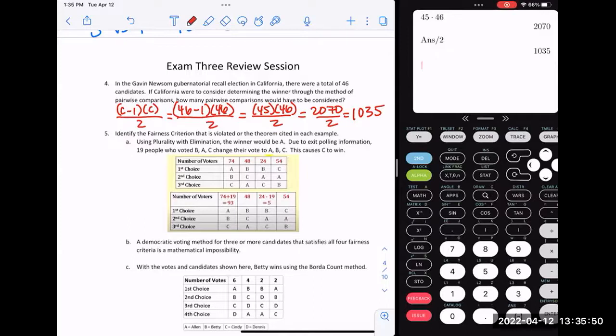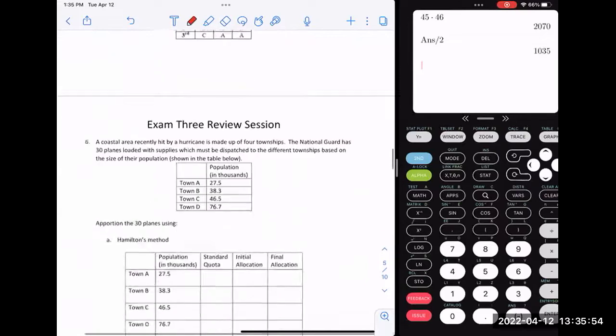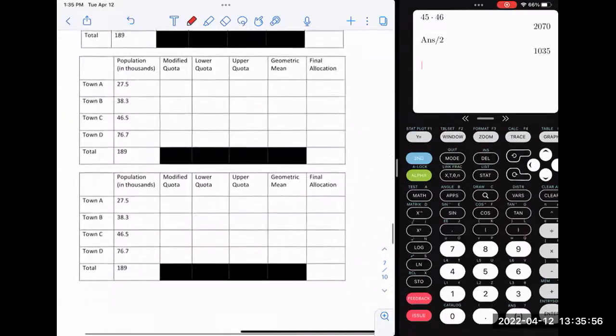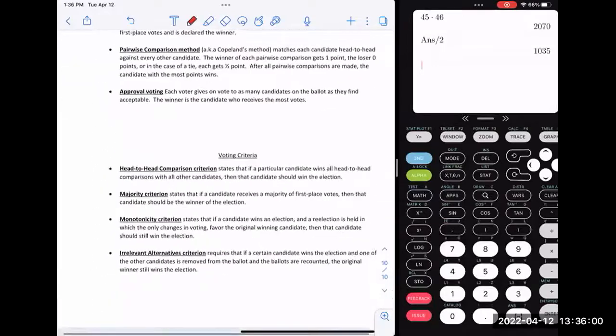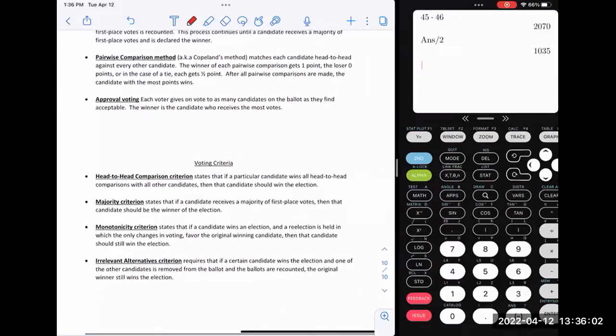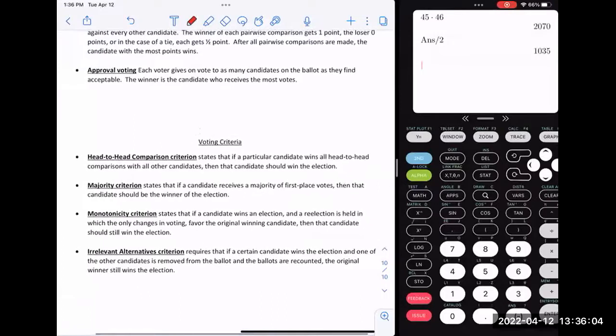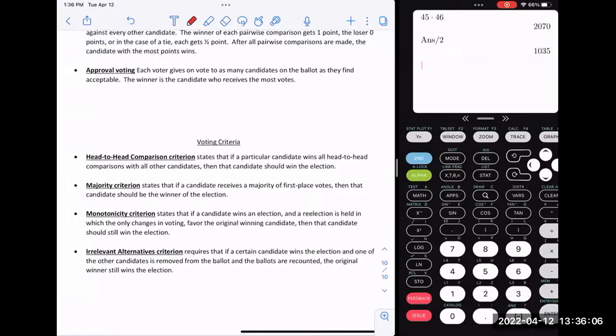All right, so let's start looking at the fairness criterion. So you do have information about this on your reference sheet, so you can use this as you are solving these problems. So we can see that there are 4 voting criteria. So these are what we call our fairness criterion.